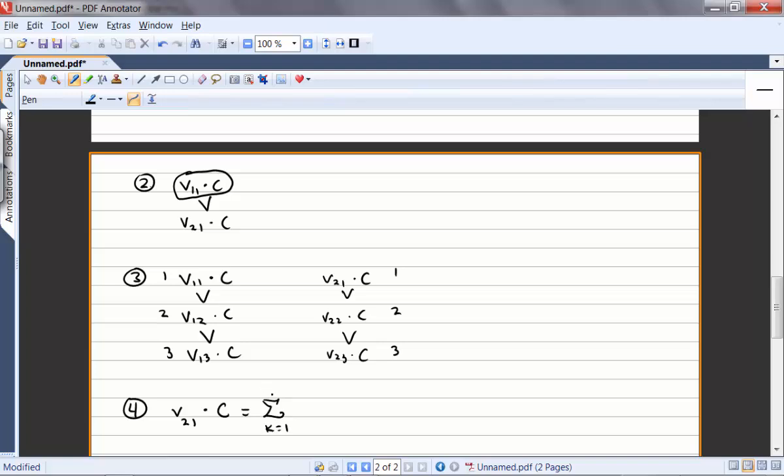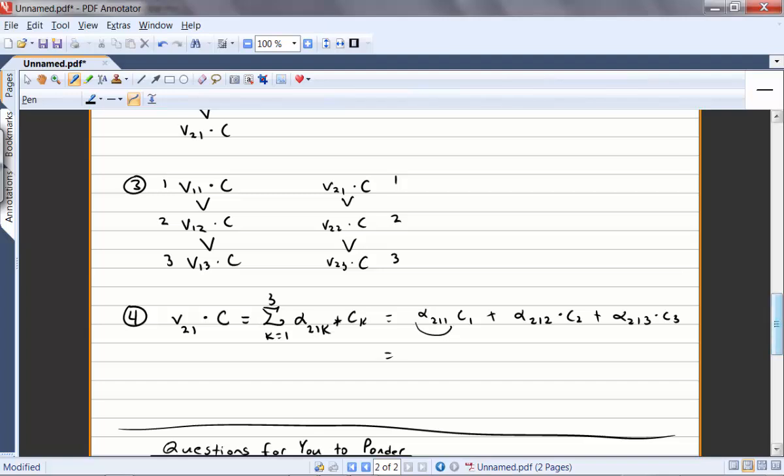We know k goes from 1 to 3. And we're doing alpha sub j,i,k times c sub k, where j is 2, i is 1. So alpha 2,1,1 c1, plus alpha sub 2,1,2 c2, plus alpha sub 2,1,3 c3.